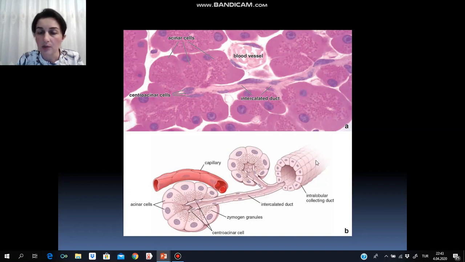So we cannot see here striated ducts which we saw in the case of salivary glands. Here the walls of these intercalated duct cells will also have a sodium-potassium pump, which will carry sodium, and it will also slightly modify the content of the pancreatic juice.